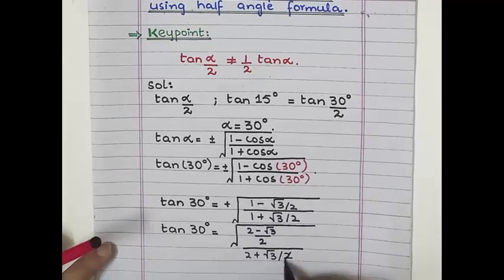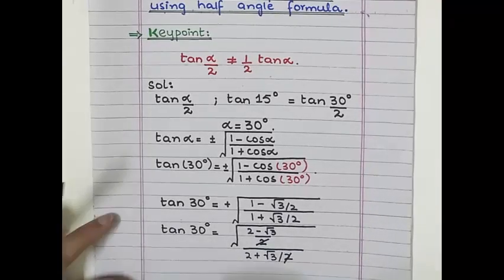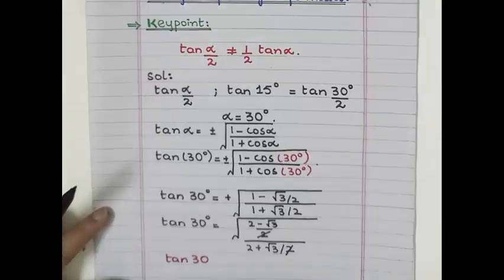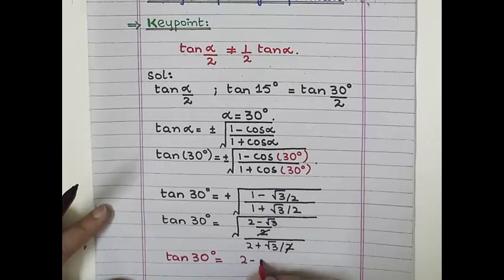Okay. Now this 2 and 2 will be cancelled out, and we have the expression tan 15 is equal to the square root of 2 minus root 3 divided by 2 plus root 3.